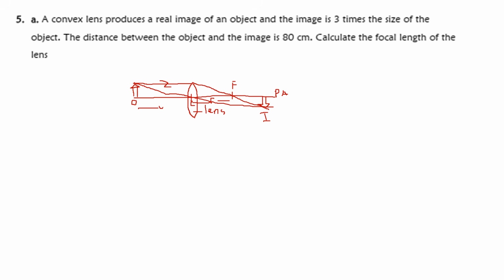I think roughly this is the situation. Although the image doesn't really look magnified with respect to my object here, the object looks bigger than the image here, contrary to what the question is saying. All right, so that's just an illustration anyway. I hope you are good with it.